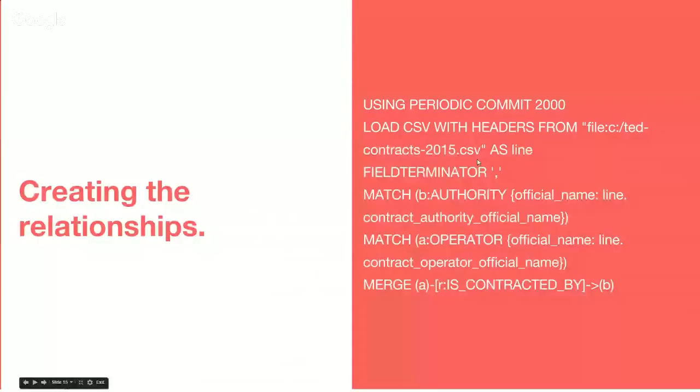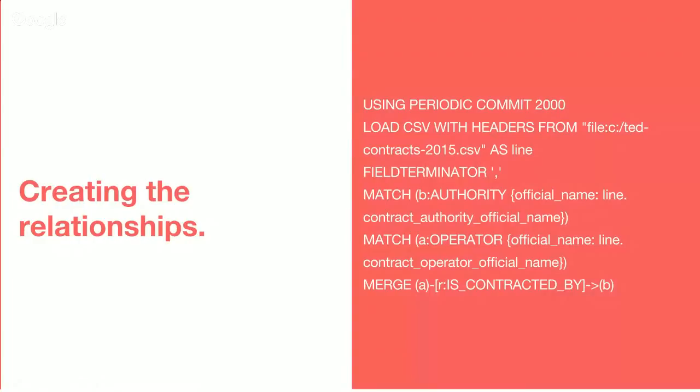It's very similar to the code that we used to create the different nodes. There's the USING PERIODIC COMMIT 2000, then the LOAD CSV command, with FIELDTERMINATOR comma. So these are all things that we used to import the nodes.